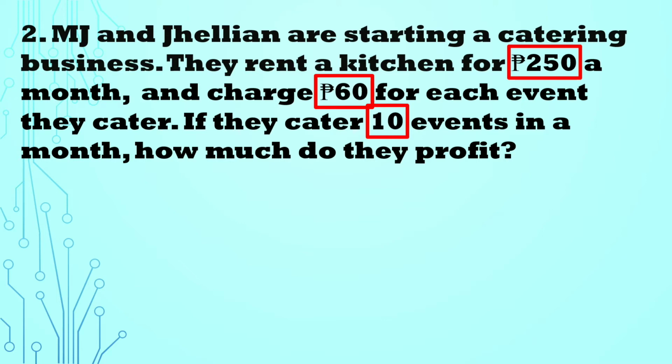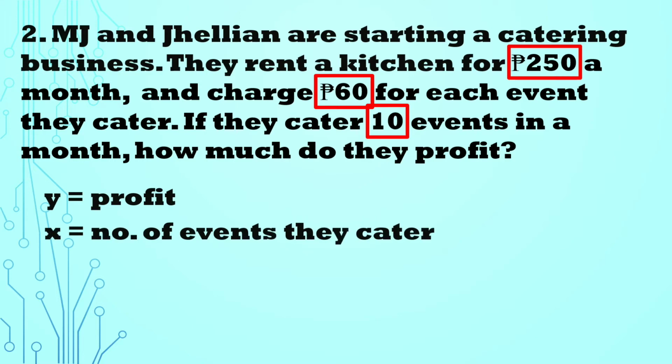So, ang pinaka-question natin is how much do they profit? So, dito sa ating problem, kailangan nating hanapin si y variable. So, ano yung output natin? So, ating output dito ay yung profit. So, magkano yung profit nila sa isang buwan? Ang ating x variable is the number of events they cater. So, meron tayong 10 dyan.